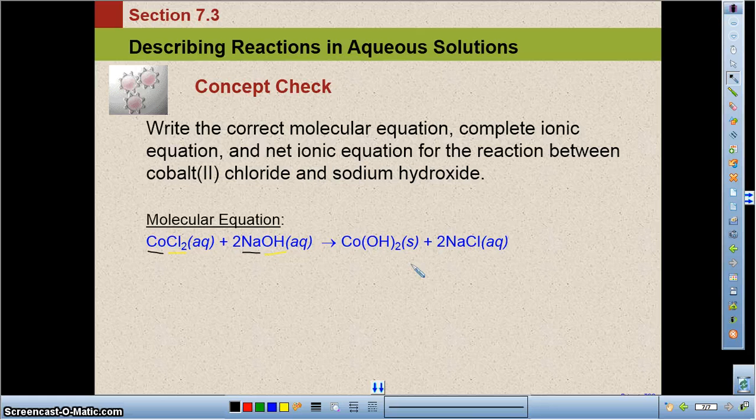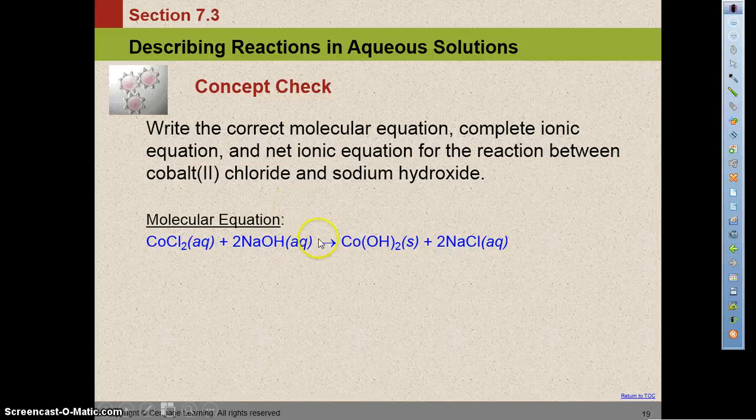The next thing we need to do is determine if these products are solid or aqueous. You'll notice here that they've identified this as a solid and sodium chloride as aqueous. Those would come from going to your solubility rules.